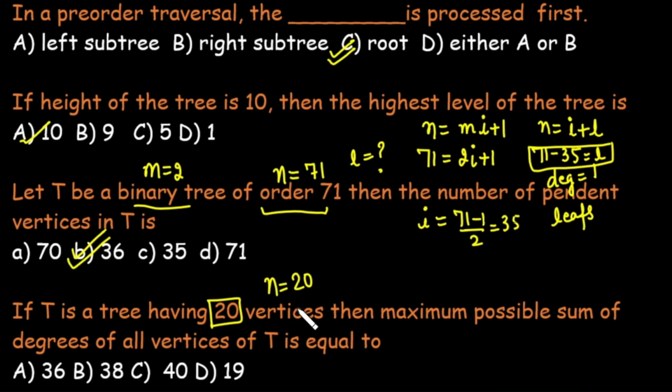If we have n vertices as 20, then how many edges do we have? Total edges in this case is 19. And we know that the total degree of the graph is equal to 2 times the number of edges by the handshaking theorem. Total edges are 19, so 19 into 2 is equal to 38. Hence option B is correct.